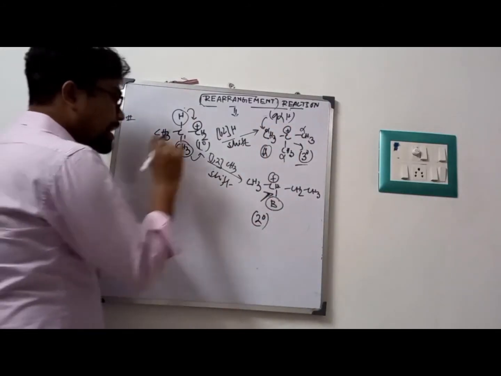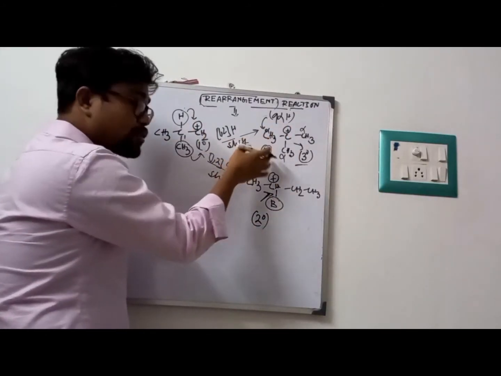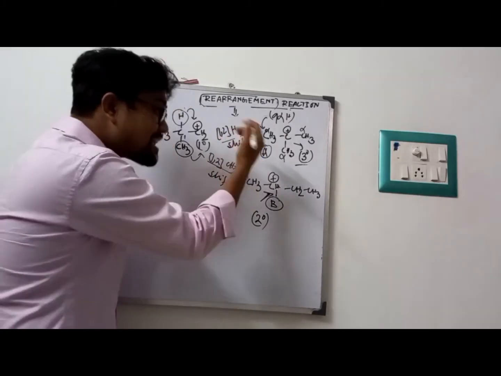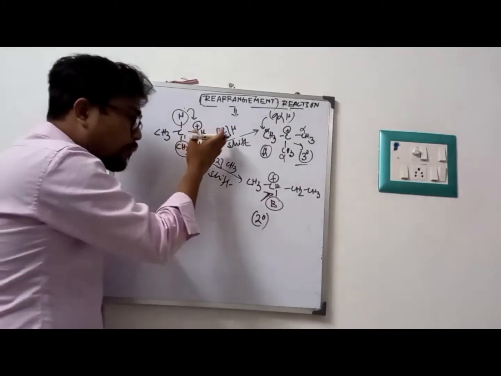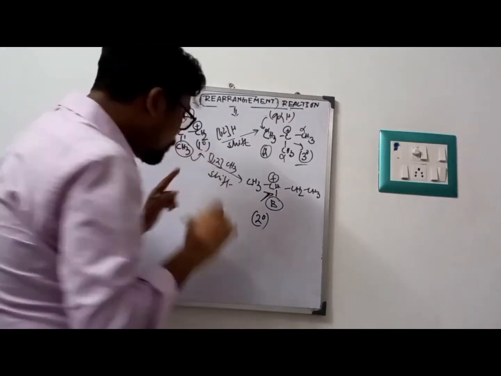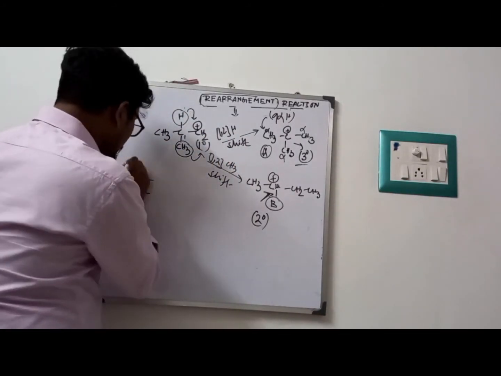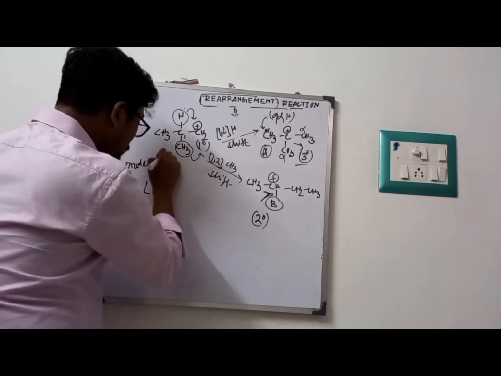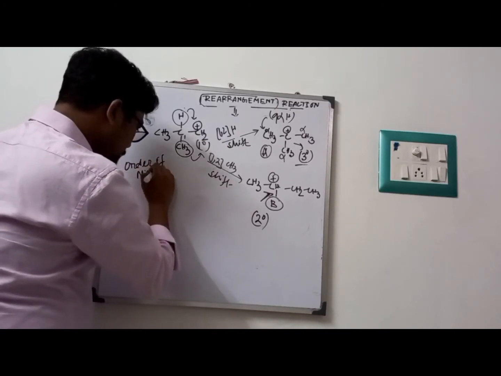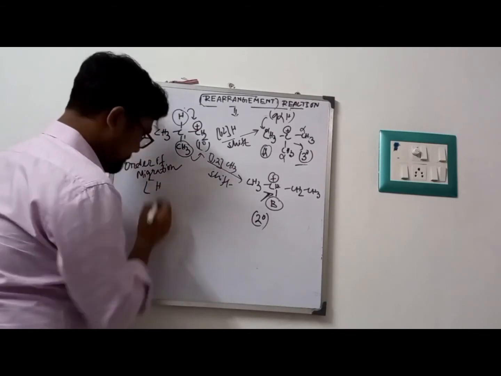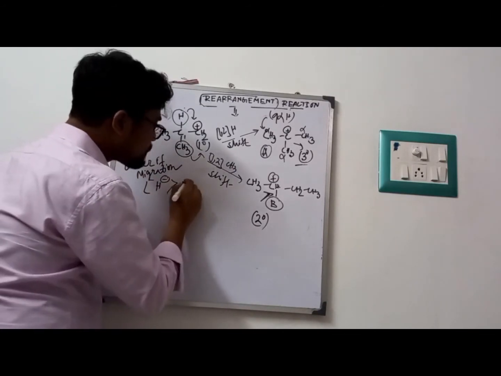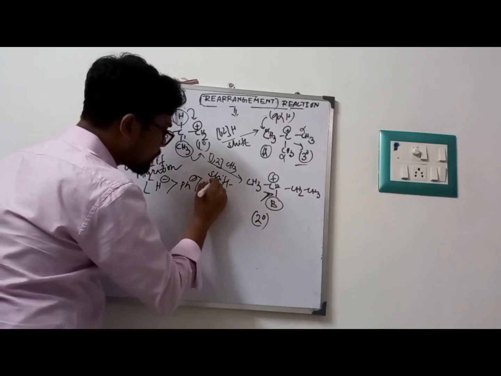So here in this case hydrogen will migrate, or I can say the migratory aptitude of hydrogen is more than CH3, and actually the order of migration is hydrogen, that is H minus, then Ph minus, then methyl minus.